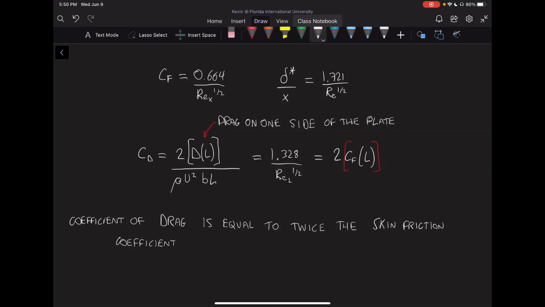The equations work to compute for one side of the plate. Okay, that's very important. The other thing is that our B here, which we had written before, but let's write it again, our B here is our thickness into the paper.